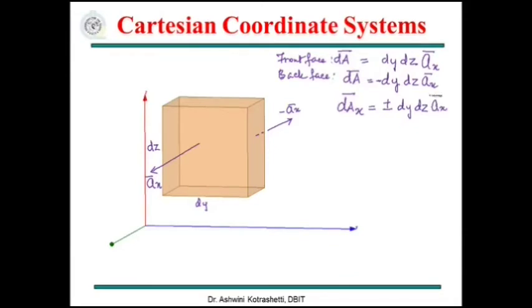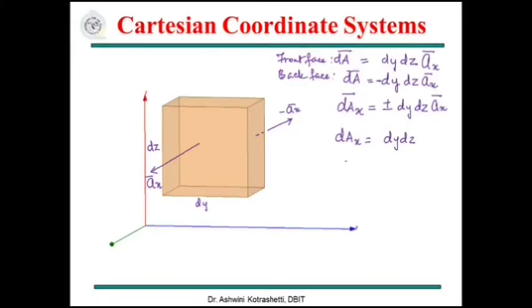Now remember, suppose you don't write the unit vector, but you simply say dAx is equal to dy into dz. The subscript x stands for the direction of the unit vector. When I don't write the unit vector on the RHS, I will not include the vector sign for dA.